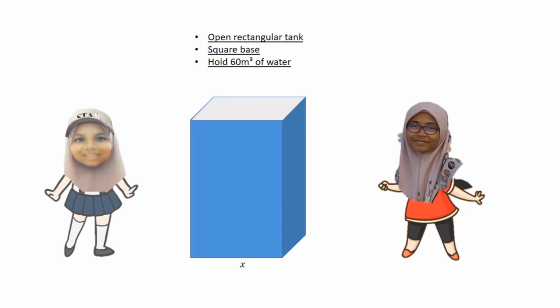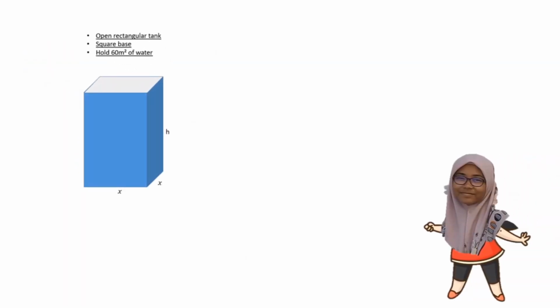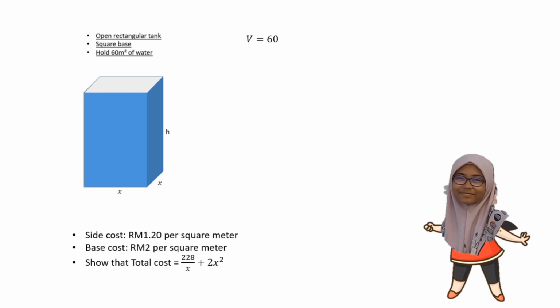Let's say x is the size of the base and h is the height of the tank. First of all, the volume of the tank is 60 cubic meter. Volume of the tank we can get by using the formula x squared times h. So x squared times h is equal to 60 and h is equal to 60 divided by x squared.